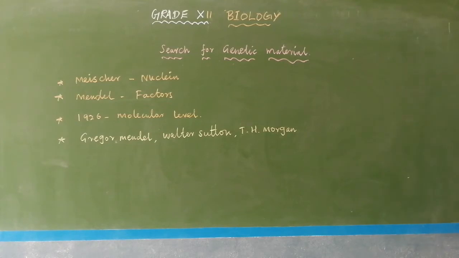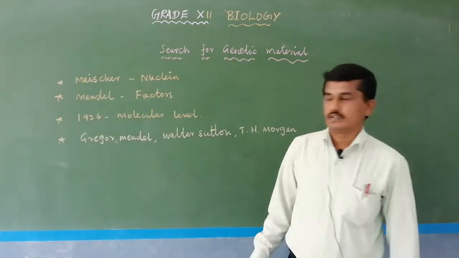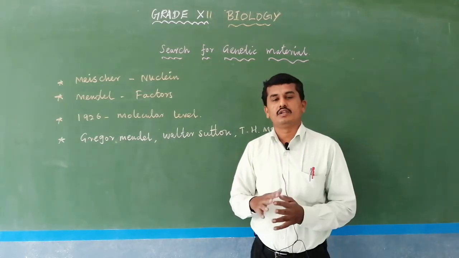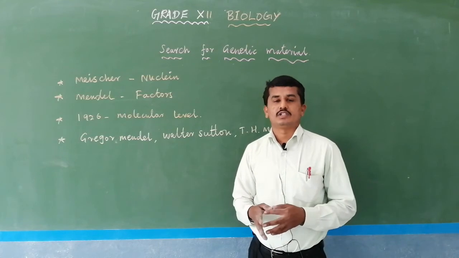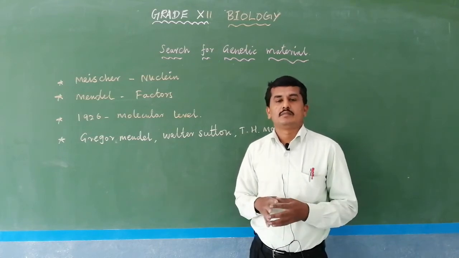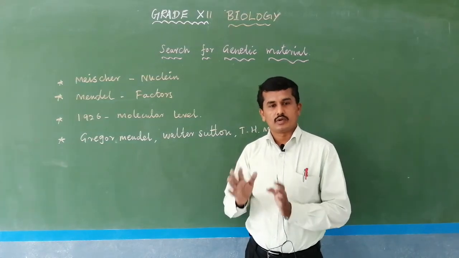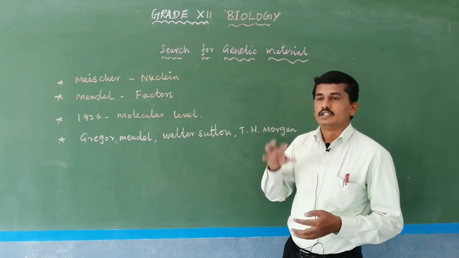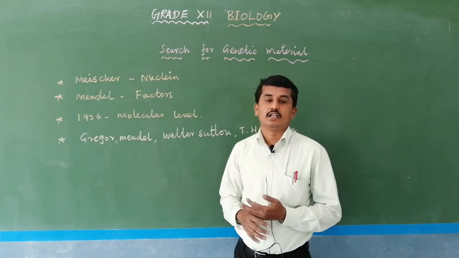Previously, the genetic material was first identified by Mendel. It was not DNA, it was actually a factor. Gregor John Mendel, the father of genetics, did research on the garden pea plant and formulated that some substances present in the nucleus inherit the characters from one generation to the next. The substance was called factors in Mendel's words.